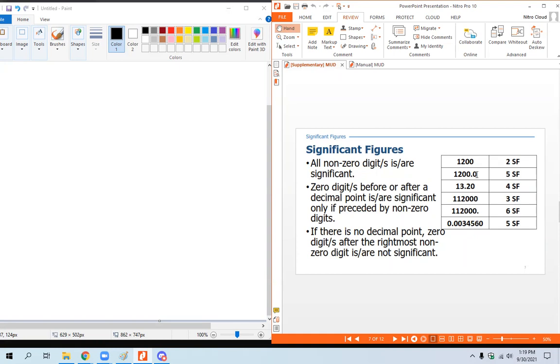But if it does have a decimal point, you have to count every number here. And if you have a decimal place quantity, yung i-count mo lang na significant figures, 5 significant figures daw, this will be 1, 2, 3, 4, 5. So basically, the first significant digit after your 0.00 something.